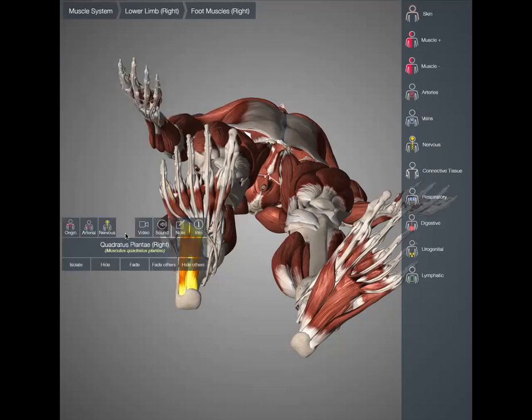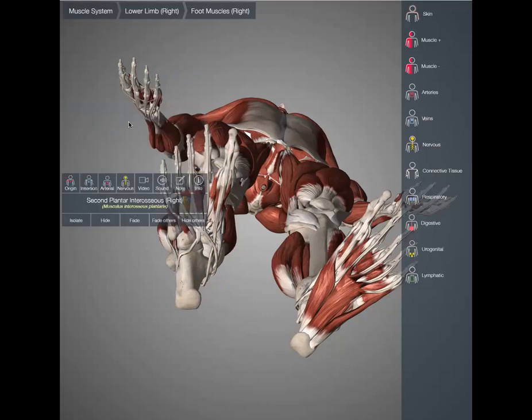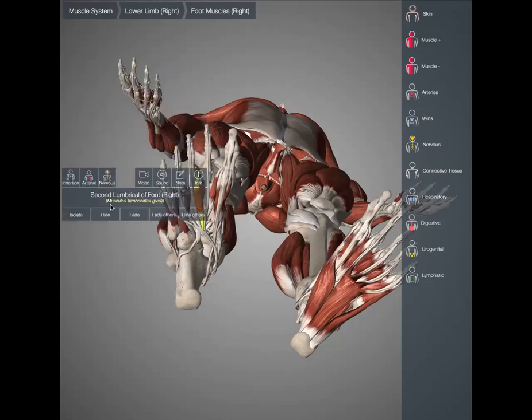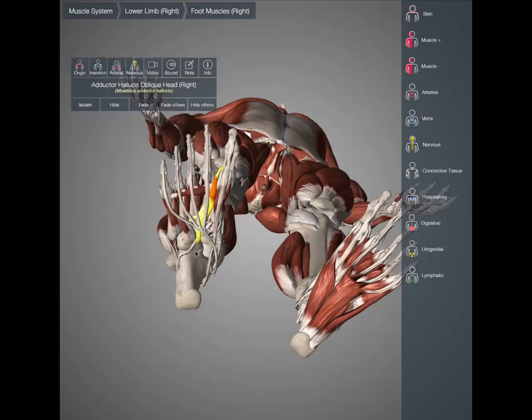Going on to the third layer, we're going to remove the lumbricals. Yes. Hide this one. This is not it. Just give me a second.